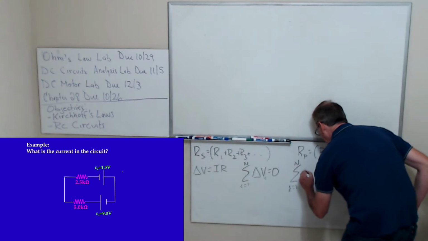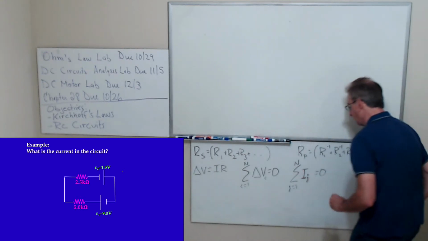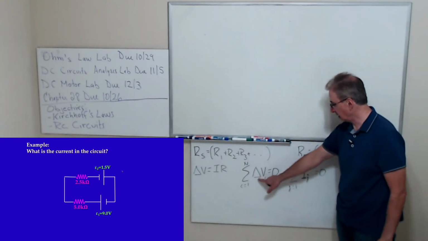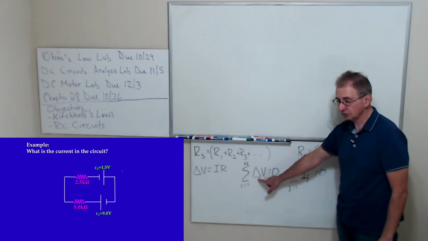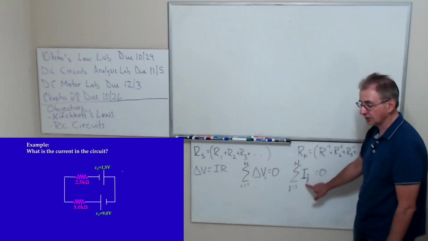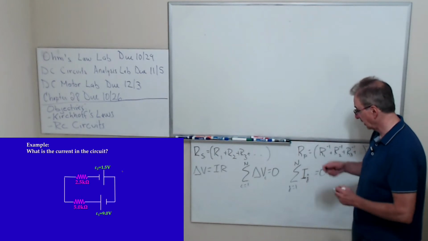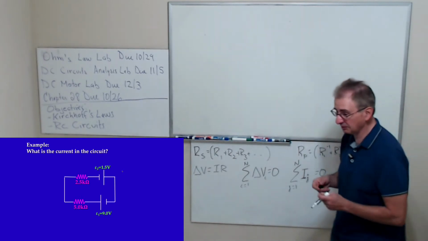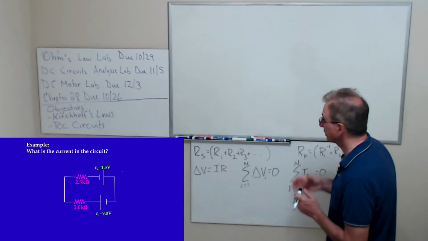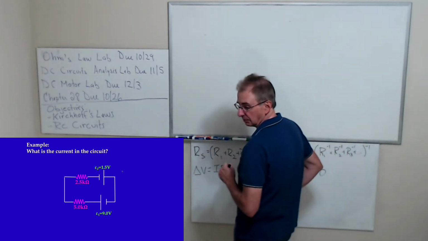I'll use a capital I. So this is Kirchhoff's voltage rule. This is Kirchhoff's current rule. And so in this problem, I'm going to do this a couple of ways. Let me draw the circuit.